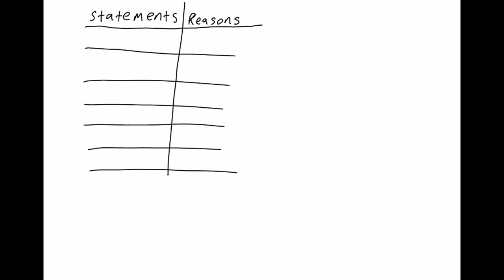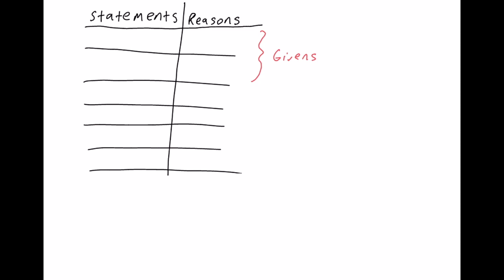So the two-column proof is split up into 3 parts. And they can each take a different amount of lines, but the first part is your givens. Things that are automatically given to you at the beginning of the proof. And you can easily identify those things because at the beginning of the proof, it'll say, this is given, prove this.